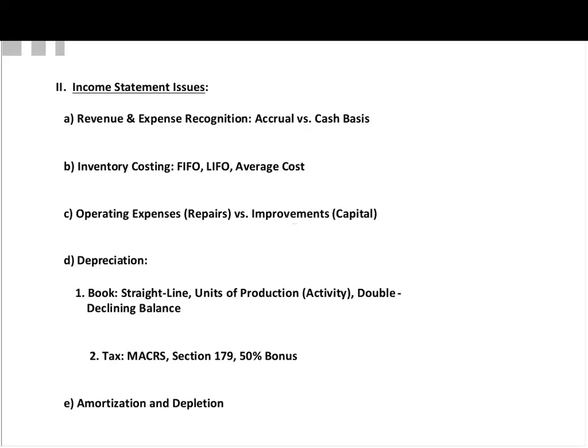Revenue and expense recognition. Now, as I mentioned just briefly, accrual versus cash basis. What is accrual based? You may remember this from your accounting days. Of course, if you are an accountant, bear with me in this. We recognize the revenue in the period in which it is earned.